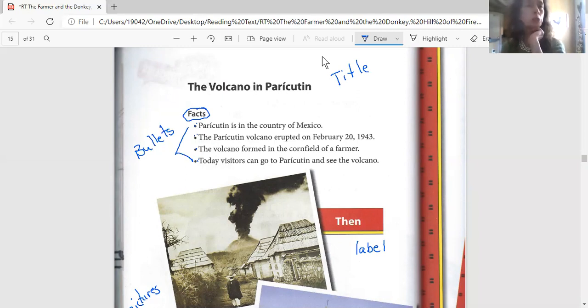If I were going to do bullets about a friend, I would say my friend's name, and then I would say, first thing, he's kind. Second thing I might say, he's a boy or a girl. The third thing I might say is he lives in France. These are just bullets, just short little pieces of information about whatever you're writing them about.